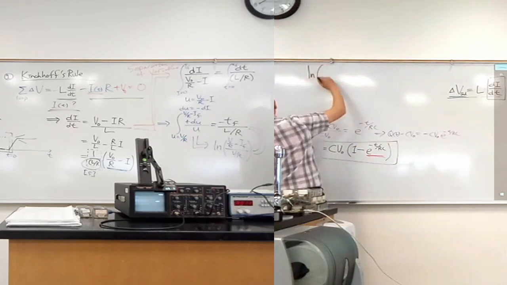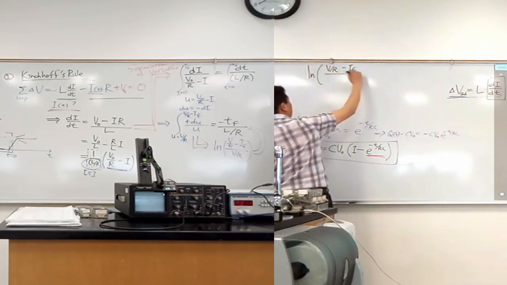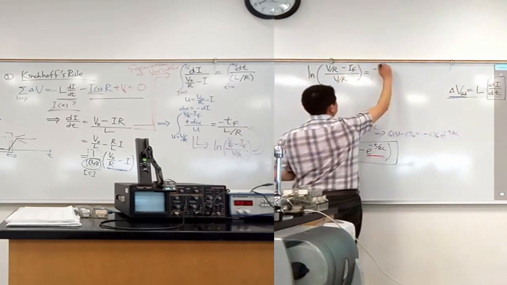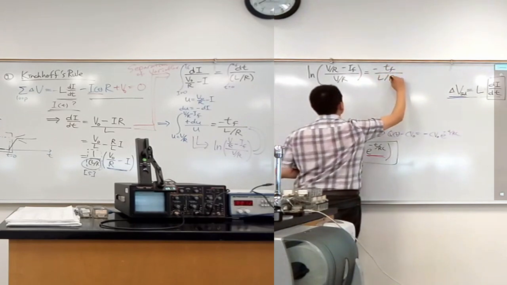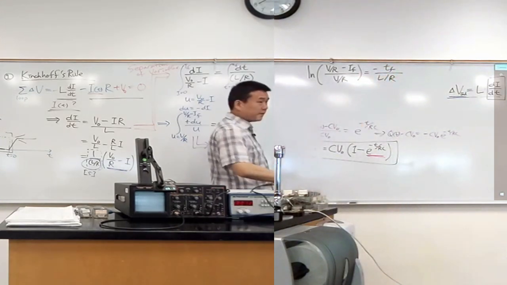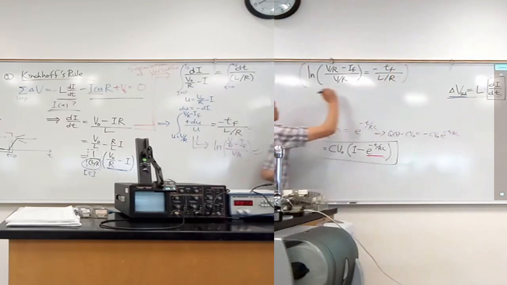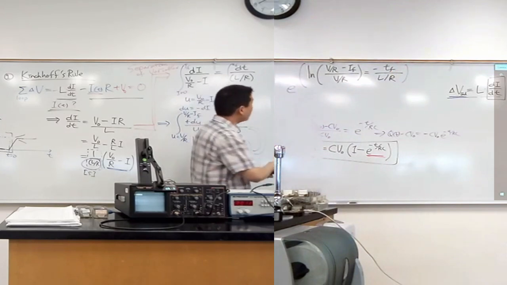Natural log of (V over R minus I final) over (V over R) is equal to minus t final over L over R. So a lot of steps will begin to look familiar because you have the natural log again. So you are raising this to the power of e again so that you get rid of the natural log.